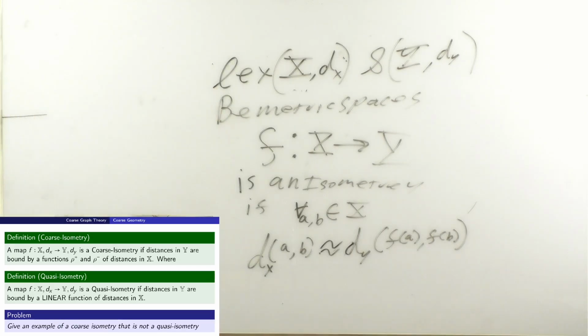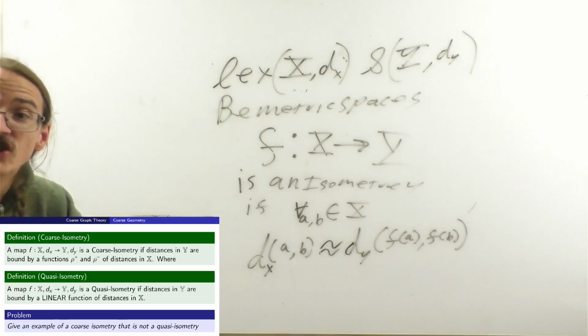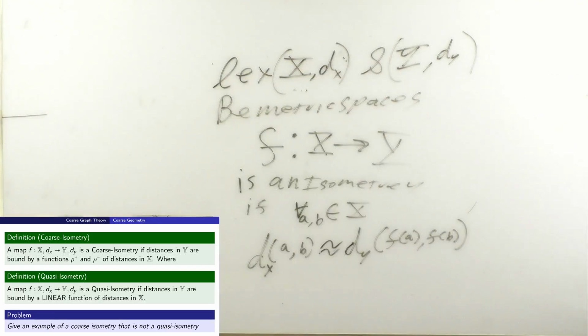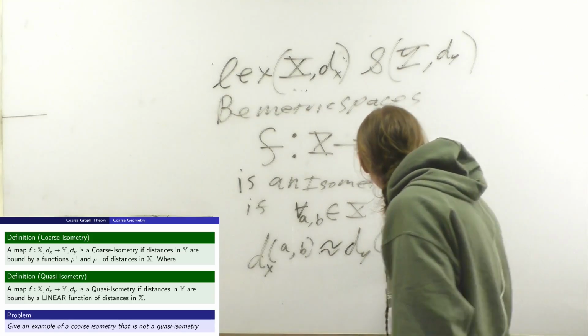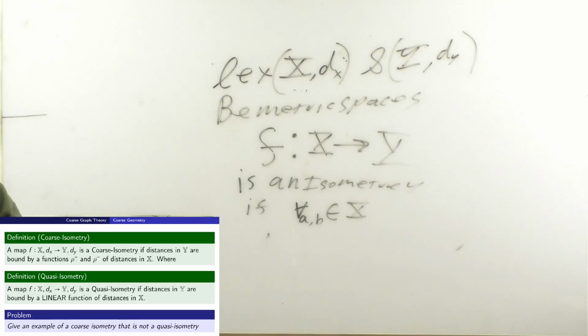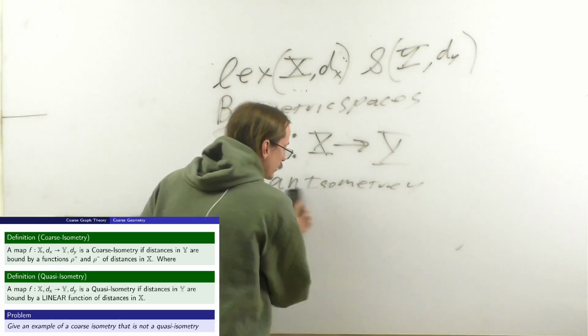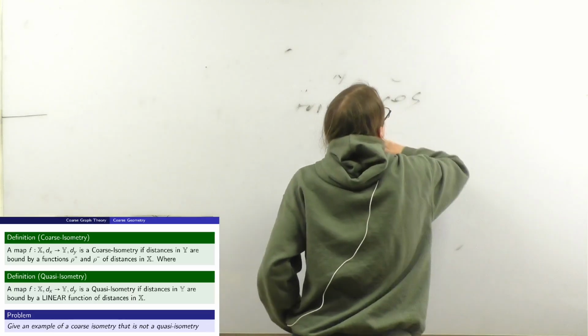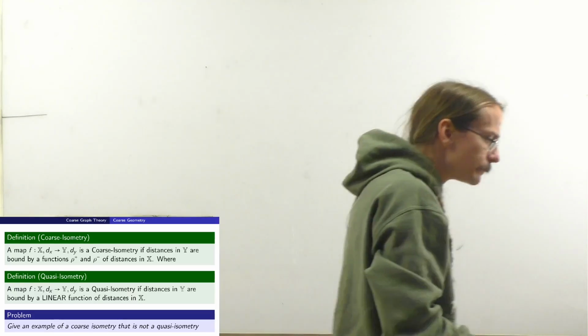Okay. So give an example of a coarse isometry that is not a quasi-isometry, i.e. we want to create a function that in some sense respects the distance, but certainly doesn't respect it up to being linear. Let's do this in the most natural way I can think of.